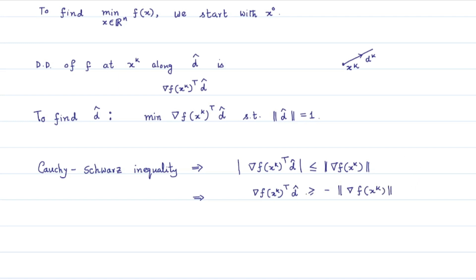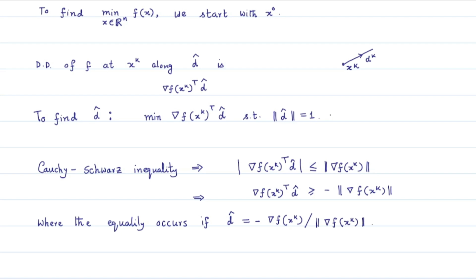And we see that equality happens when d hat is chosen to be the direction of the negative gradient. As d hat is a unit vector, we divide this direction by its length, that is the norm of grad f at xk.